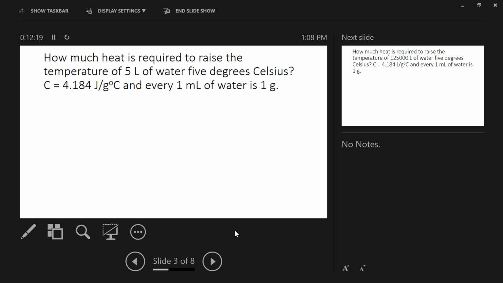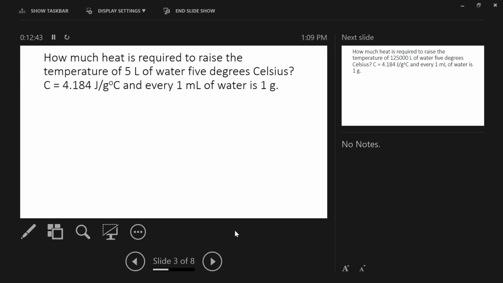So it takes a little bit over 4 joules of energy to heat 1 gram of water 1 degree Celsius. We also have the mass of water. And you look at this and you may not see the mass right away, but we have the mass because it tells us that we have 5 liters of water.